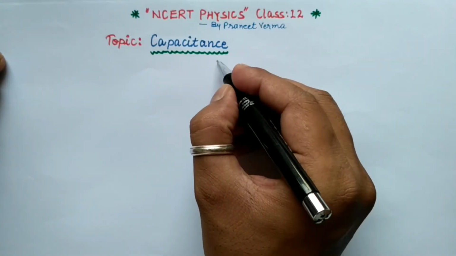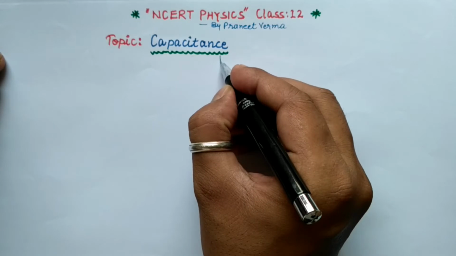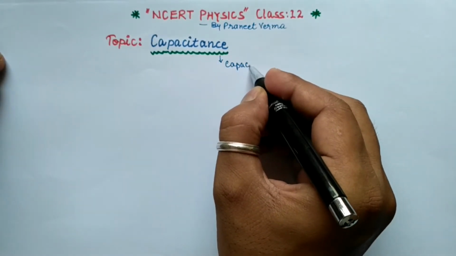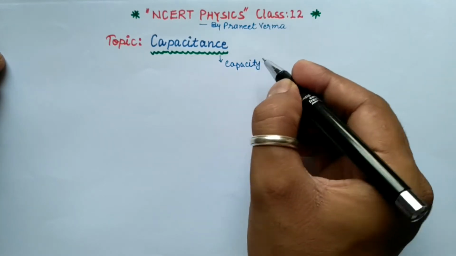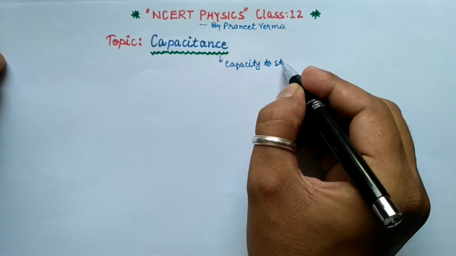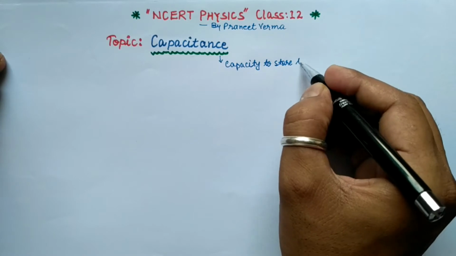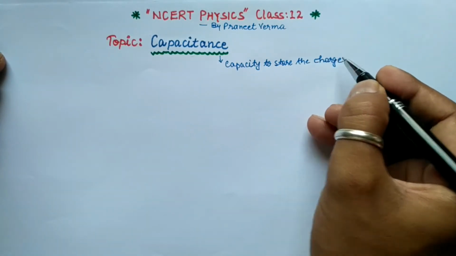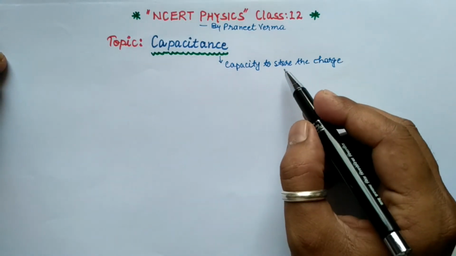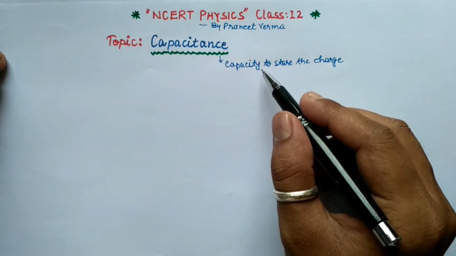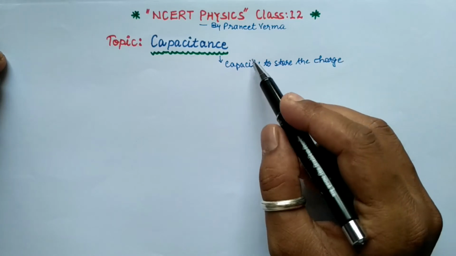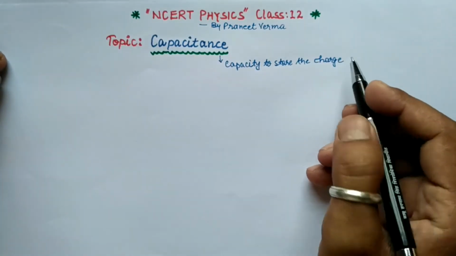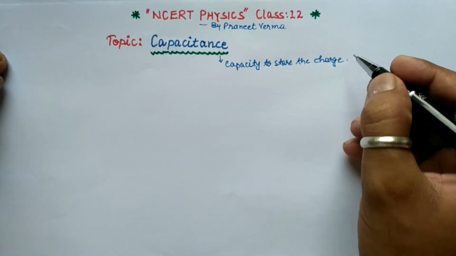Capacitance is the capacity to store the charge. So actually, what is capacity? You know very well what is capacity, and capacitance is the capacity to store the charge.